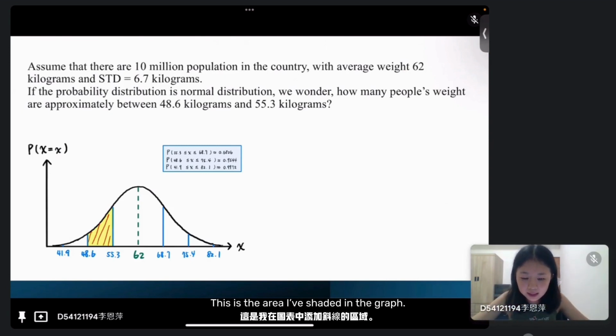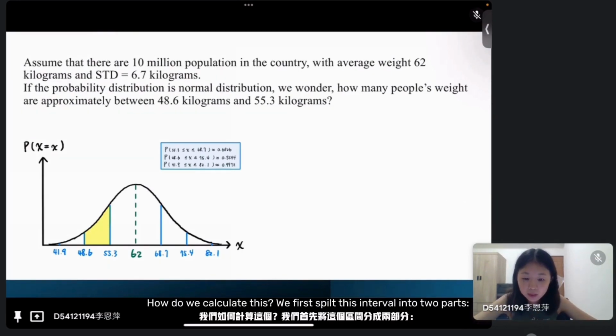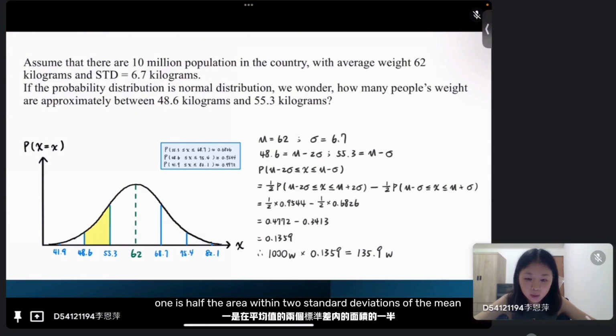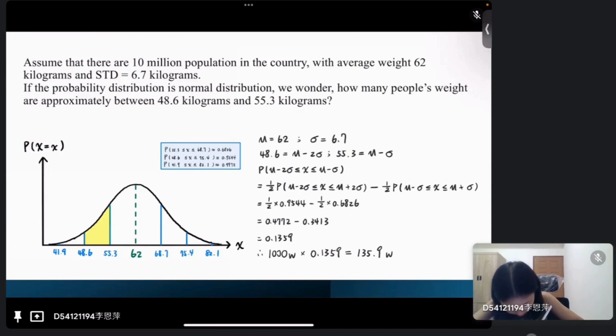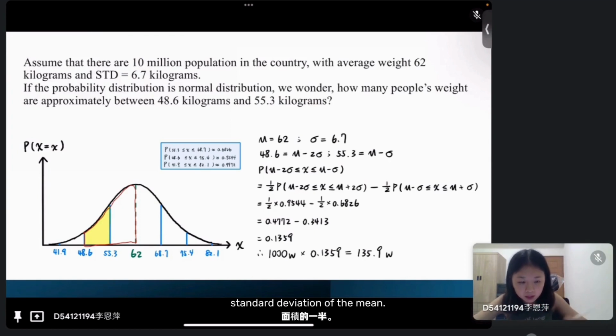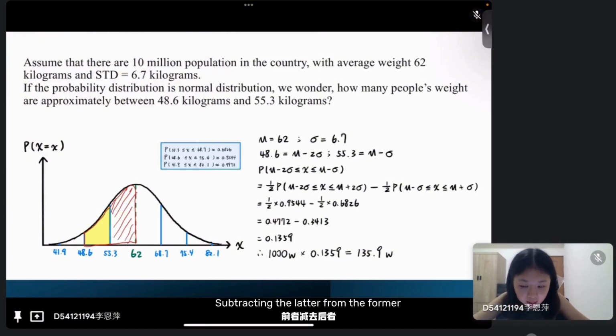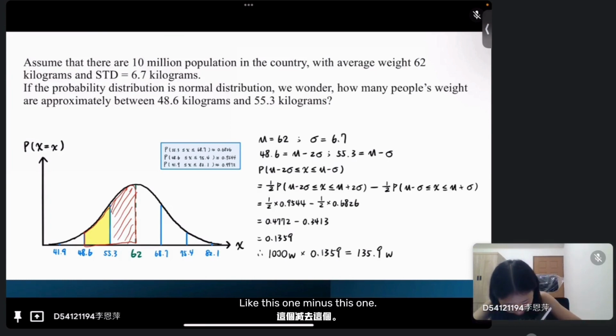This is the area I've shaded in the graph. How do we calculate this? We first build this interval into two parts. One is half the area within 2 standard deviations of the mean, as I've shaded, and the other is half the area within 1 standard deviation of the mean. Subtracting the latter from the former gives us the area we want to find, like this one minus this one.